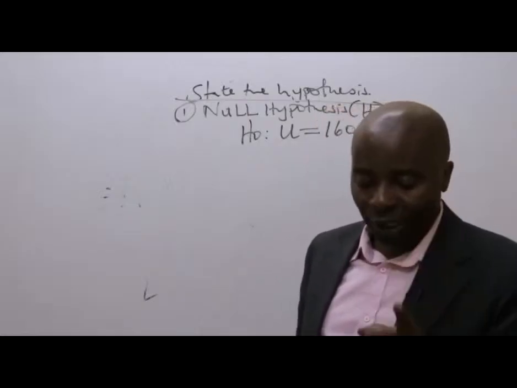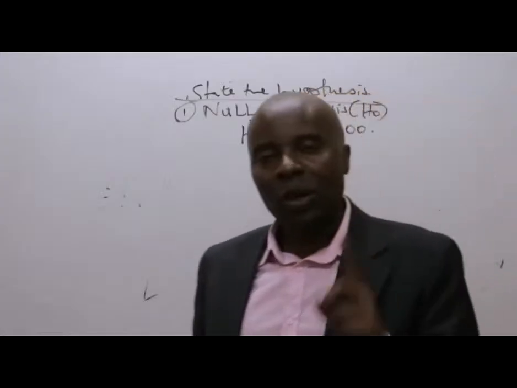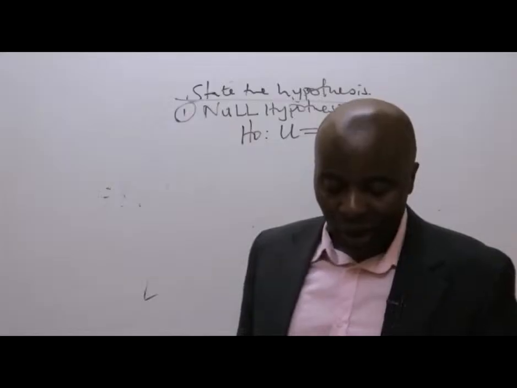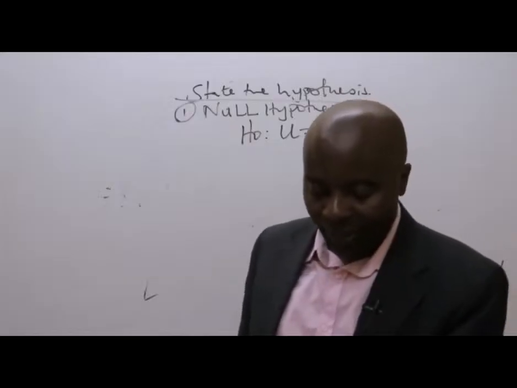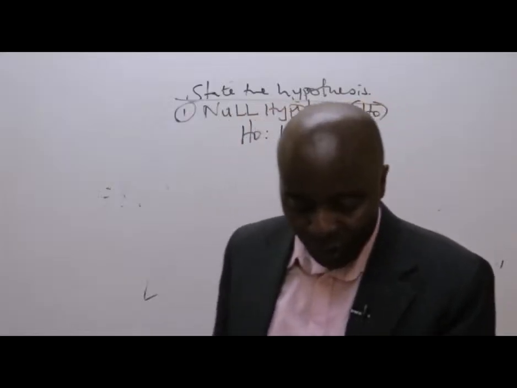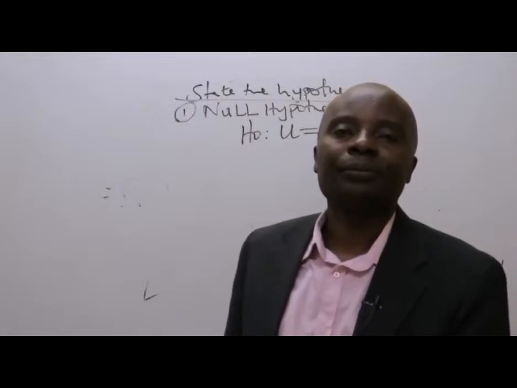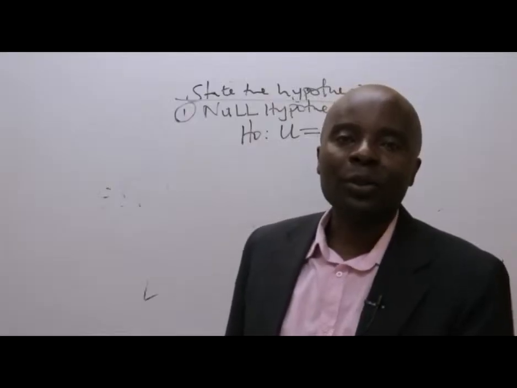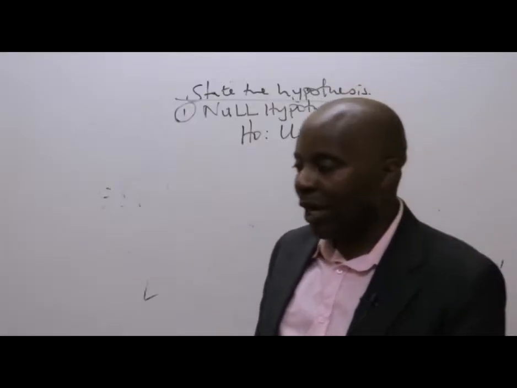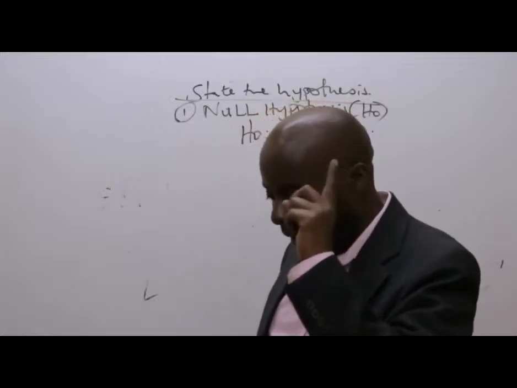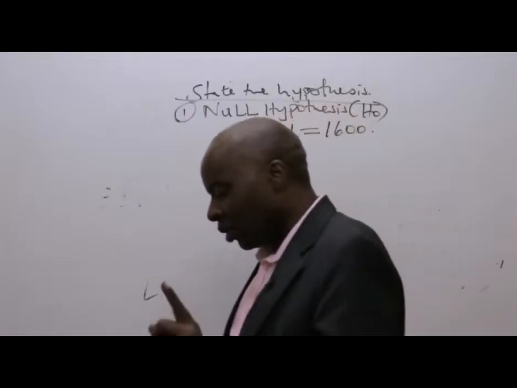The claim they are making is the one of 1600 hours. So they are asking us to test the hypothesis that the mean lifetime of the tubes produced by the company is 1600 hours. But we know that in reality, away from the claim, the tubes could stay up there either for less time or more time.